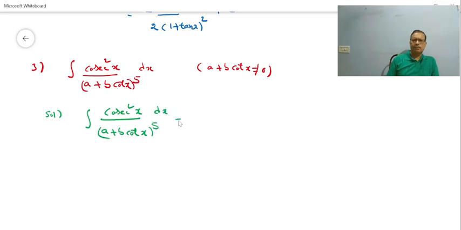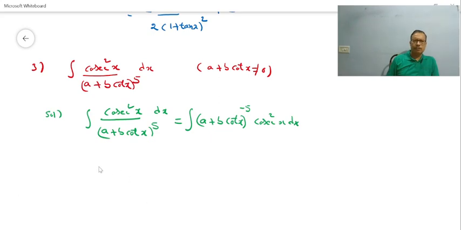So this is equal to integral of, I take this one into the numerator, (a + b cot x) to the power of minus 5 into cosec²x dx.